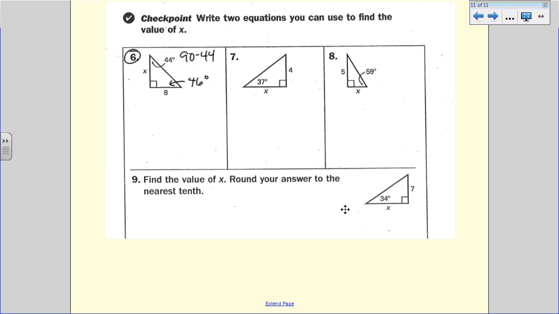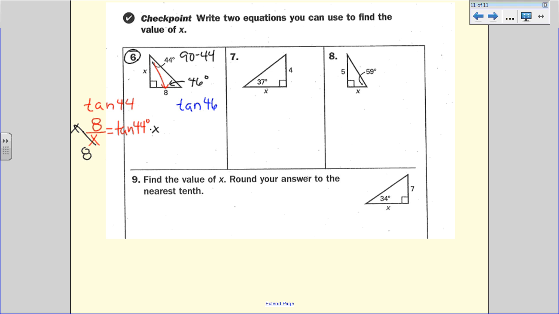So my two equations are going to be for the tangent of 44 degrees, and then I'm going to have one for the tangent of 46 degrees. So the tangent of 44 degrees, the opposite is 8 over the adjacent of x. That equals the tangent of 44 degrees. So for the 44 degree angle, I'm going to multiply by x.